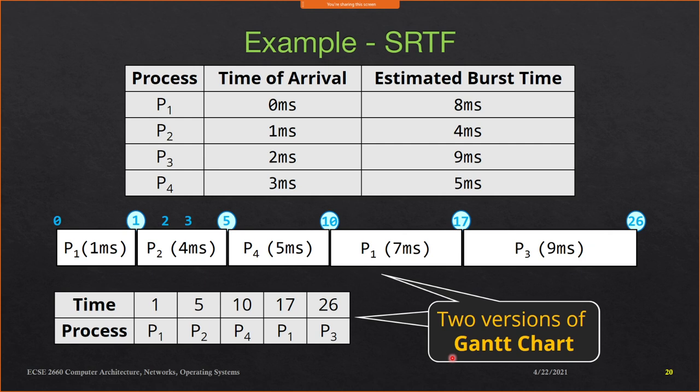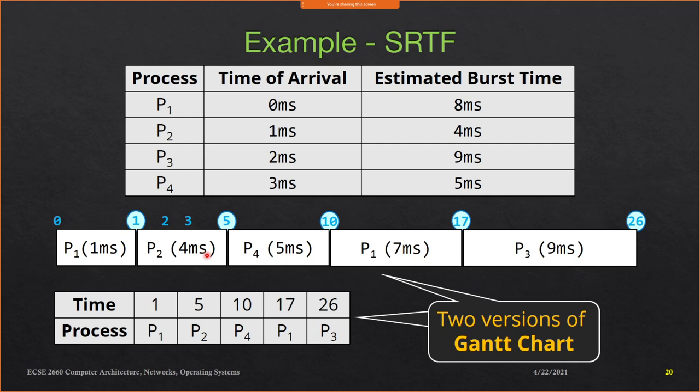They are equally valid, similar to the one that we drew earlier, where P1 works for the first 1 millisecond, 0 to 1. P2 uses it for the next 4 milliseconds, from 1 to 5 milliseconds. P4 uses it up to 10. P3 uses it for 10 to 26.